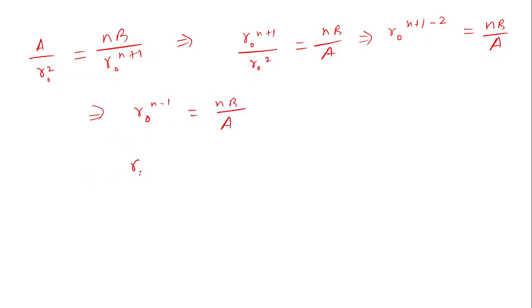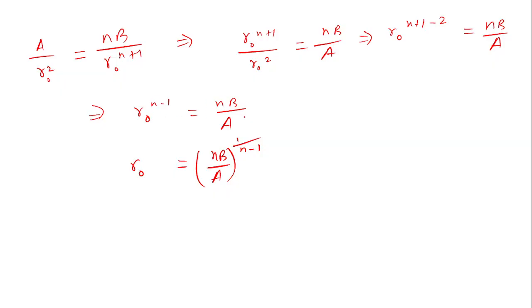So the value of r naught, which is the equilibrium distance that we want to find, if I take the exponent 1 over n minus 1 on both sides, then this side becomes r naught. The way of doing this maths you guys already know. In case you have a doubt, you can ask me, I'll explain it in smaller steps. Otherwise, if you can understand, that's also good.